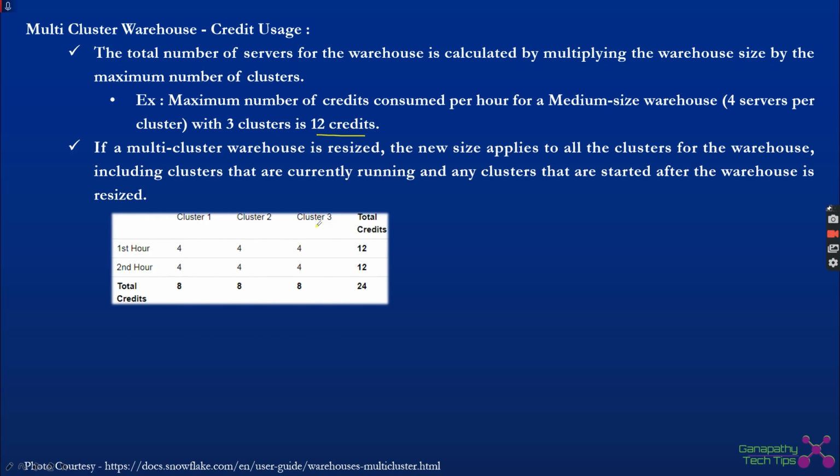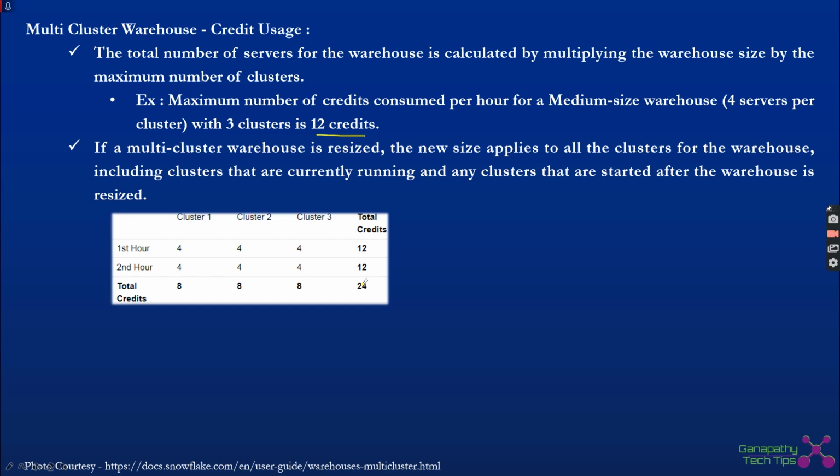It's a medium multi-cluster warehouse with 3 clusters. So how does it work if I am running it for 2 hours in the maximized mode? As we know, it will consume 4 credits per hour for a medium size, so for all 3 clusters it will consume 12 credits, and for the second hour it will consume 12 credits.